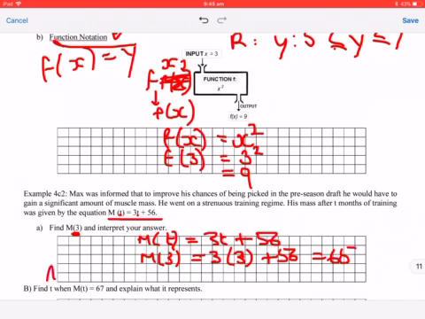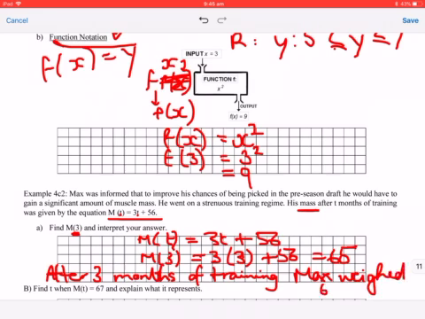So after 3 months of training, what is this saying? Well, M is the muscle mass. So his mass is given by the equation M of T. So after 3 months of training, Max weighed 65 kilos.